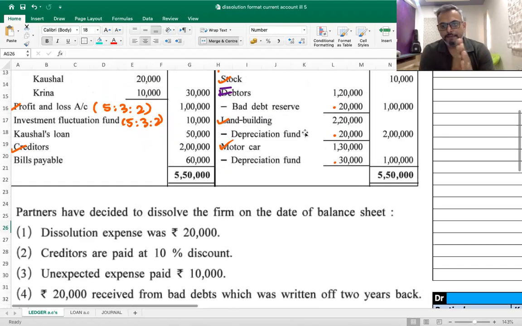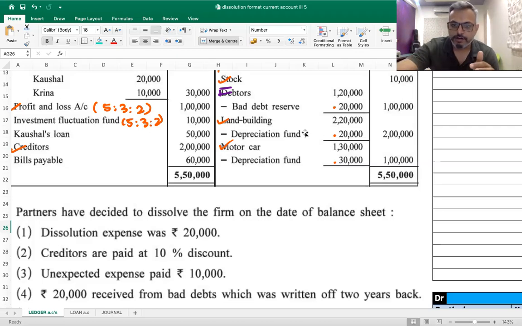Now, all the liabilities are to be paid off and all assets are to be sold. So, all the liabilities and provision account. What are the liabilities and provision account? Creditors, bills payable, bad debt reserve, depreciation fund on building, and depreciation fund on motor car. All of them will be transferred to realization account.